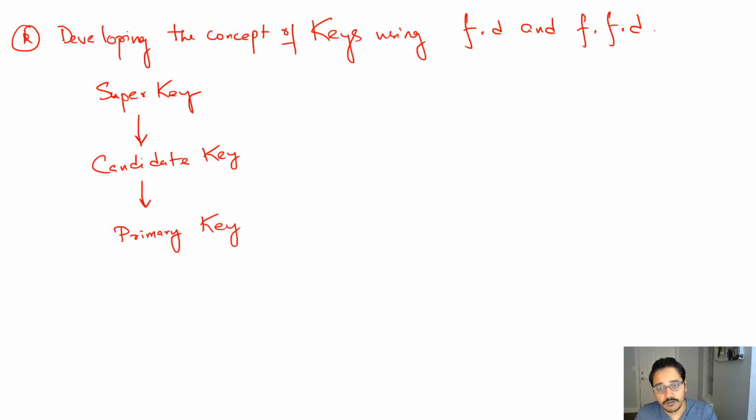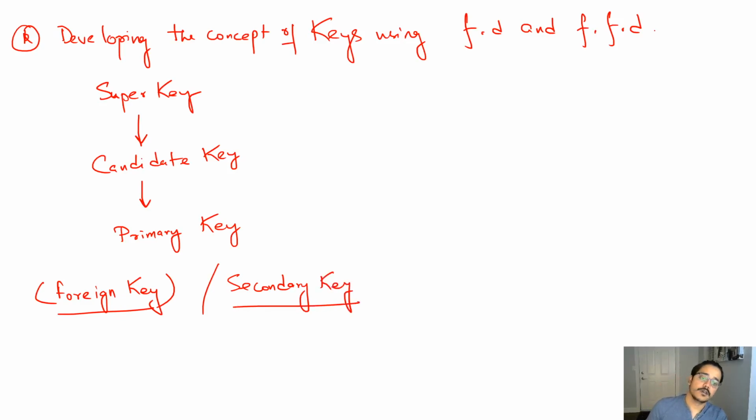Separate from this particular tree structure are the concepts of foreign key, let's just stay at foreign key. And then there is another one, which is known as secondary key.